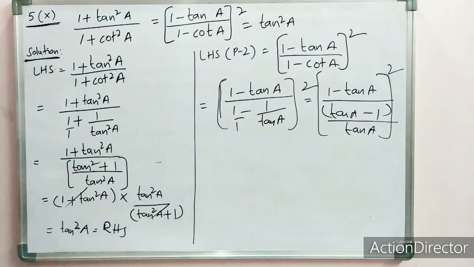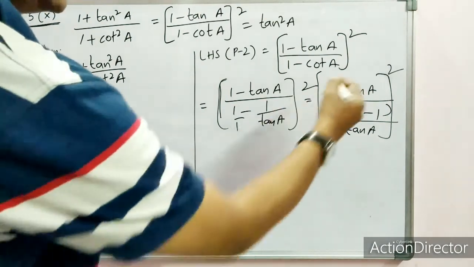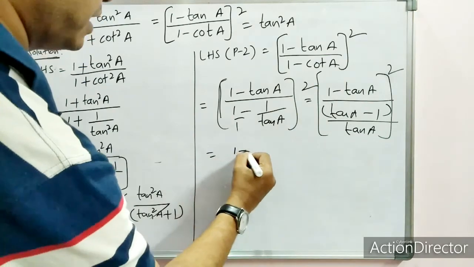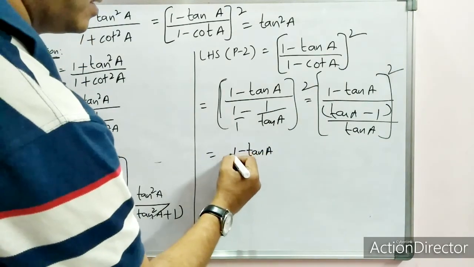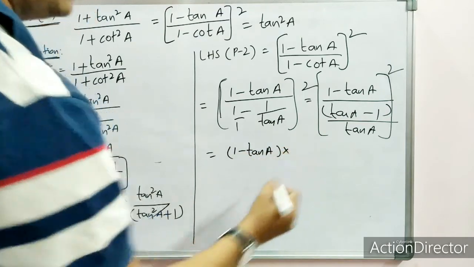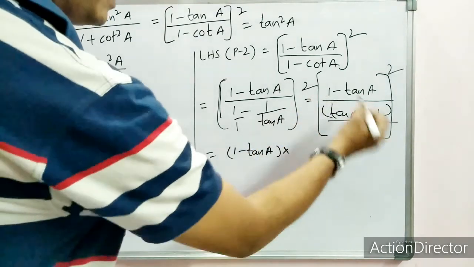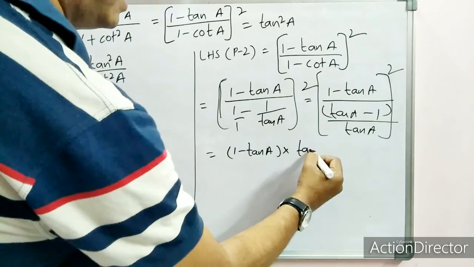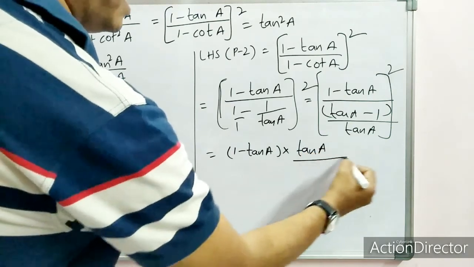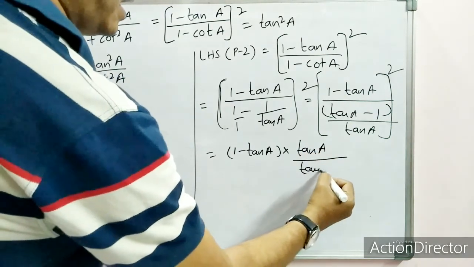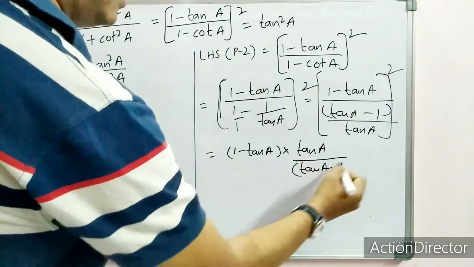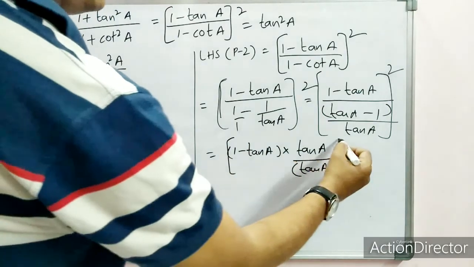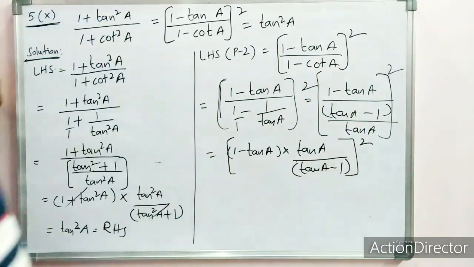Okay, it's an important thing here. The numerator part is (1 minus tan A), and in the denominator part, if I write here, it will become tan A by (tan A minus 1). For the entire thing, we have a square.